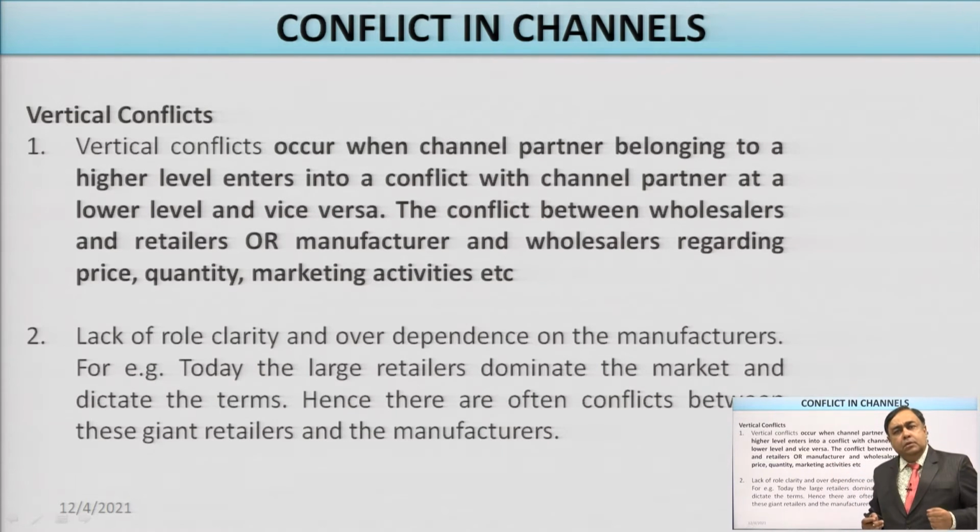For example, a manufacturer with a wholesaler, or a wholesaler going into a dispute with a retailer. It can go the other way round also.